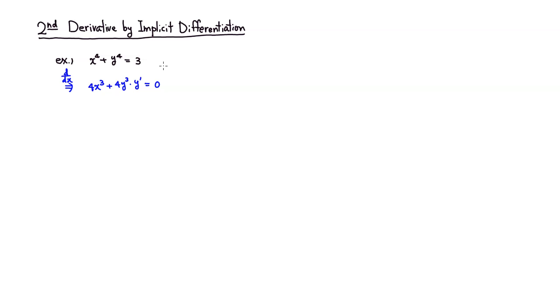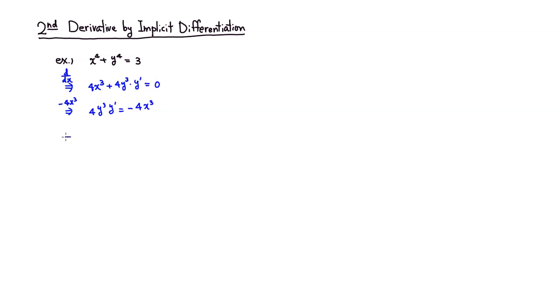Then we just have to isolate y prime. First, subtract 4x cubed from both sides, so you have 4y cubed y prime is equal to negative 4x cubed.